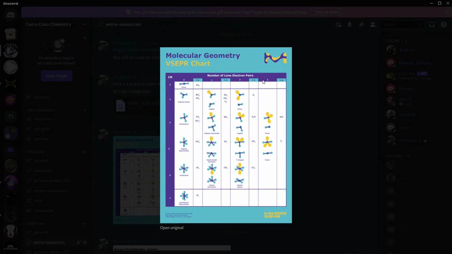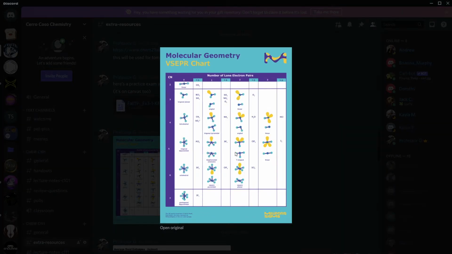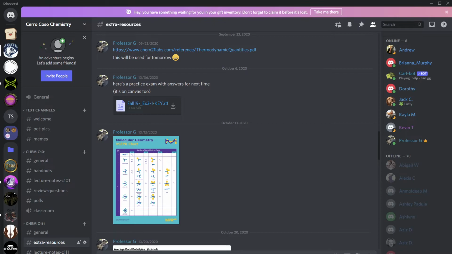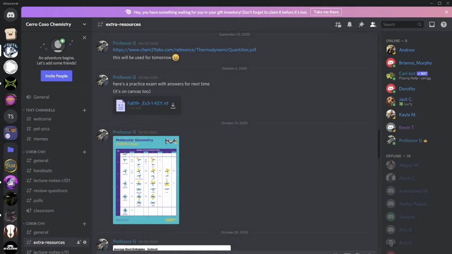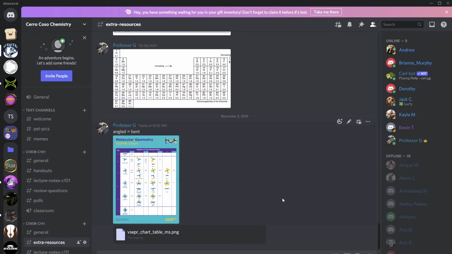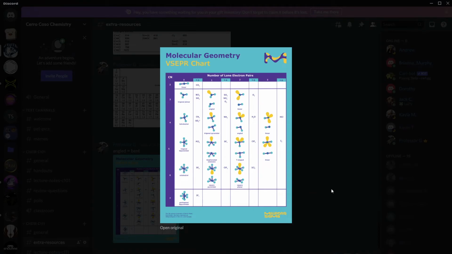We have the number of lone pairs on the right, and all these shapes. Here they write angled. We call these bent, but yeah, that's the idea. So we've got all these different shapes here, and there's examples of all of them. So I'm going to go ahead and copy this again. So we have that for us again there. So just remember, angled is bent. So that's what we're looking at here.